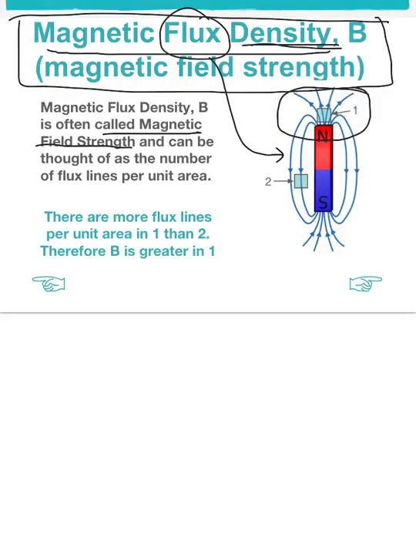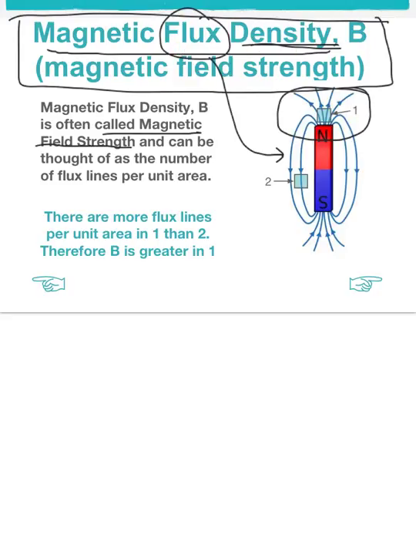So B equals magnetic flux density, but it also equally can be defined as magnetic field strength. The strength of the field, B, is equal to how densely packed the field lines are in that area.